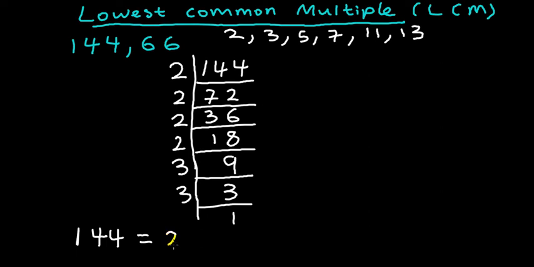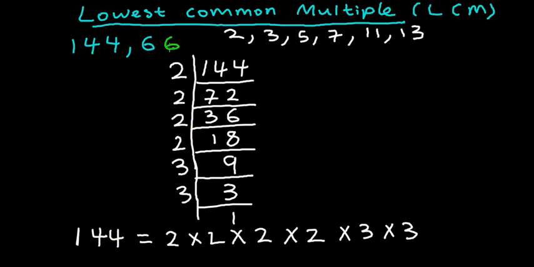That's four 2's: 2 times 2 times 2 times 2. Then we have two 3's: times 3 times 3. So these are the factors that give us 144, right?